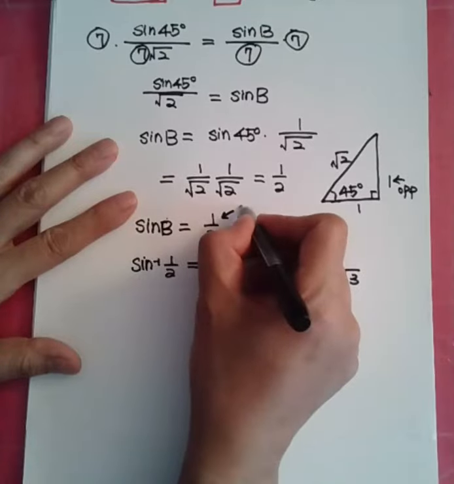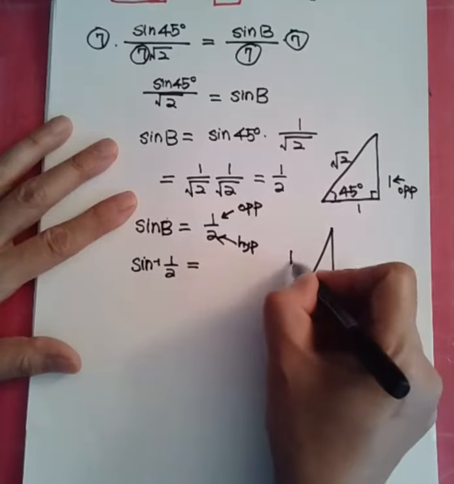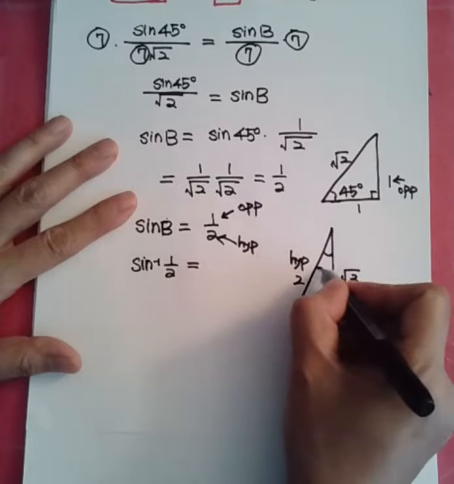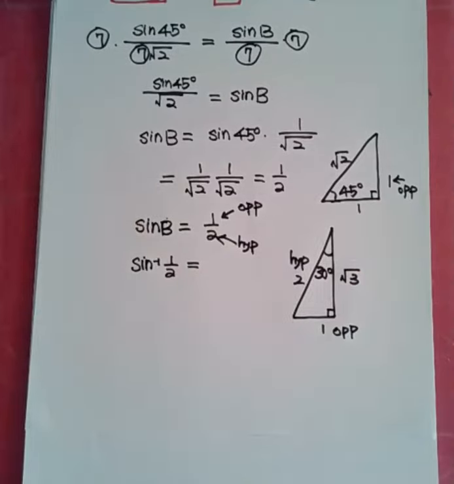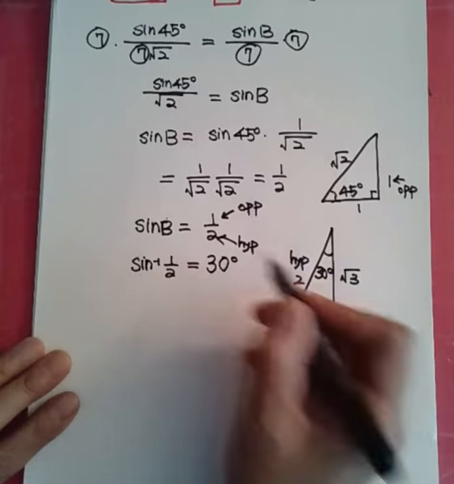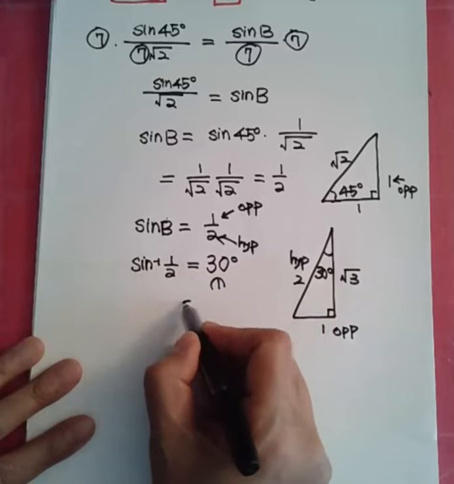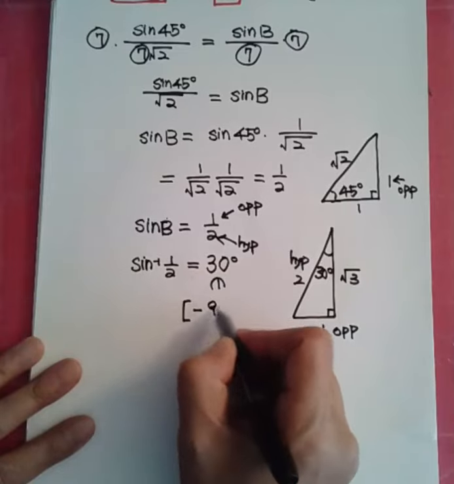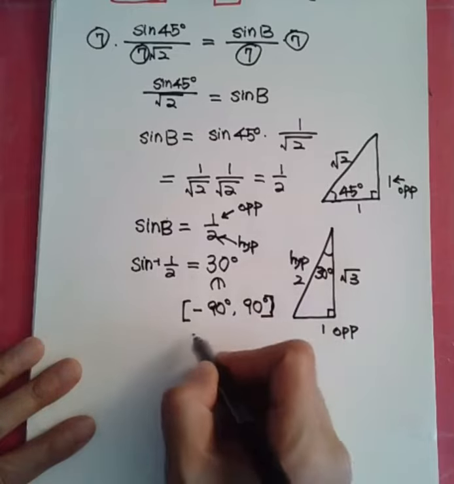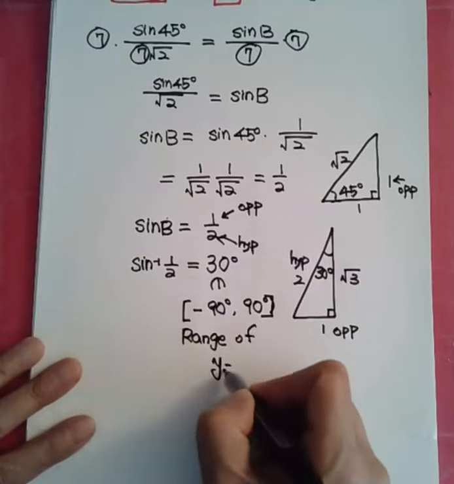Here 1 is opposite and 2 is hypotenuse. So this is the hypotenuse and 1 is opposite to 30 degrees. So the inverse function will give us 30 degrees, and we know that satisfies this condition, minus 90 degrees to 90 degrees, which is the range of the inverse sine function.